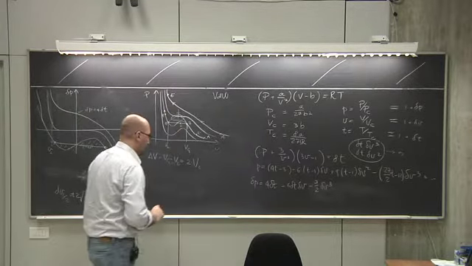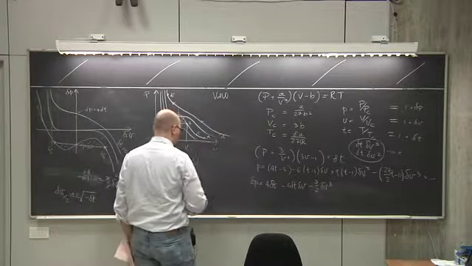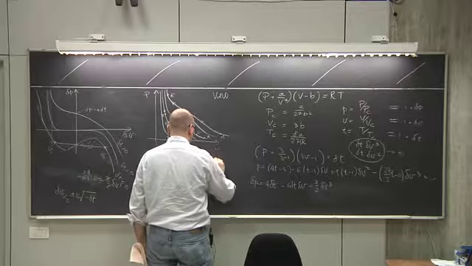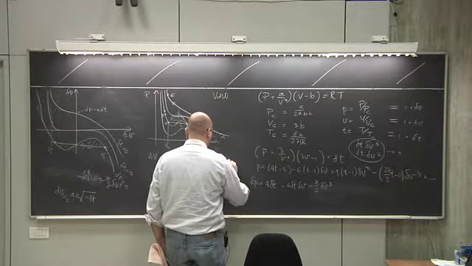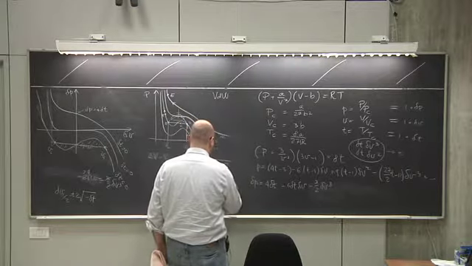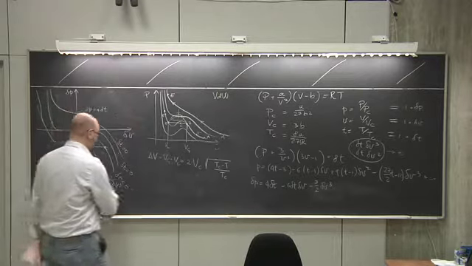Let's remember that the scale was Vc, because we divided by Vc. And so this is square root of minus, actually Tc minus T divided by Tc. 2 times 2 is 4.